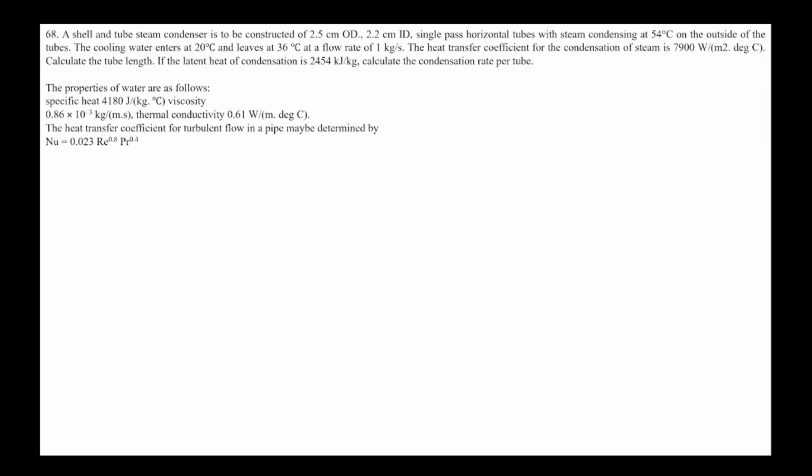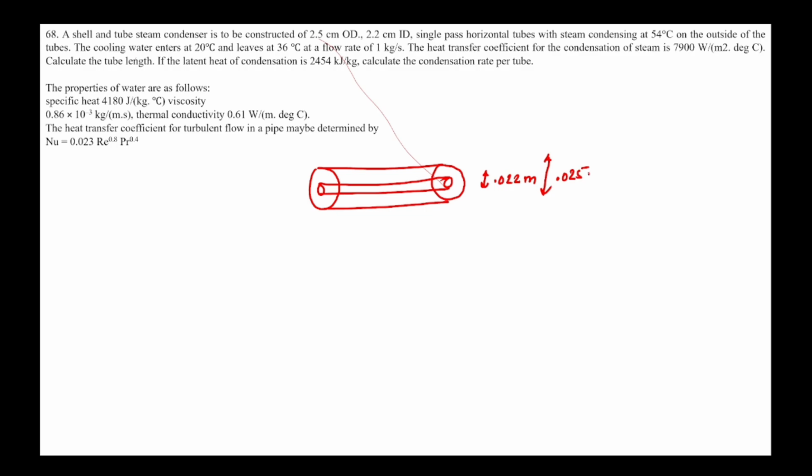This question is a little bit long and important. So a shell and tube steam condenser is to be constructed of, very first thing, suppose the inner diameter is 0.022 meter and outer diameter is 0.025 meter.